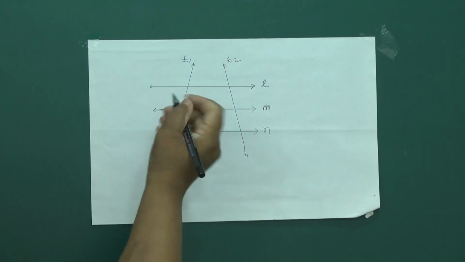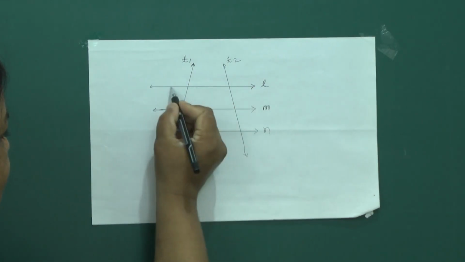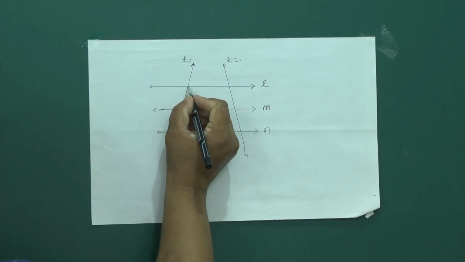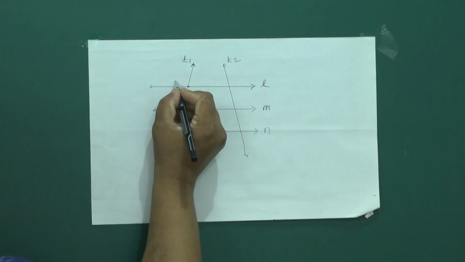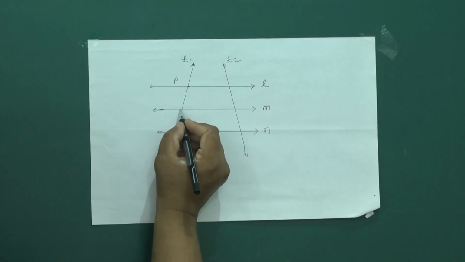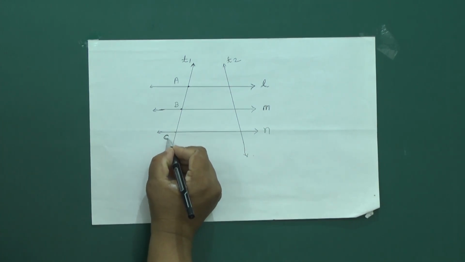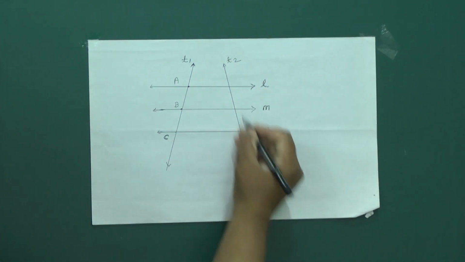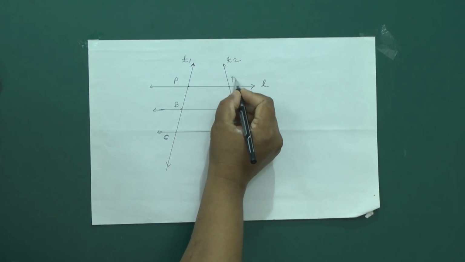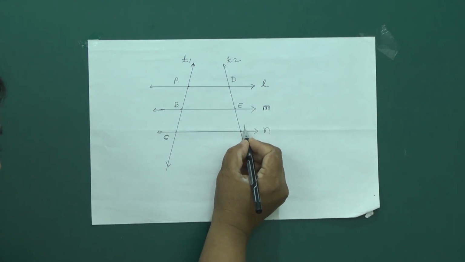Now wherever transversal T1 cuts line L, label it as A. Where T1 cuts M, label it as B, and N is C. And T2 cuts the lines at D, E and F.